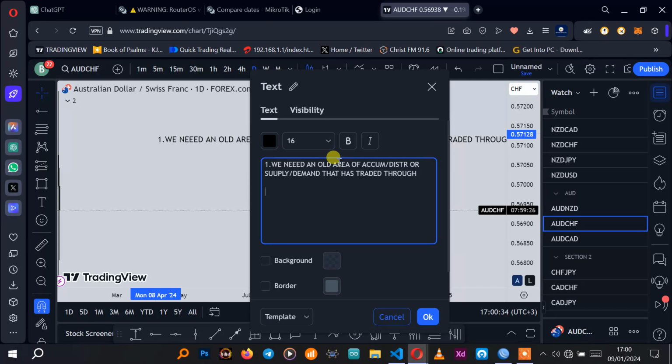The second thing is we are going to look for an FVG on the right, within the old area.